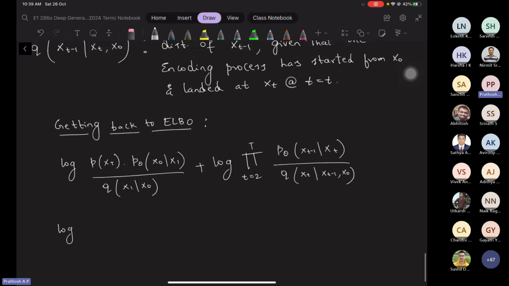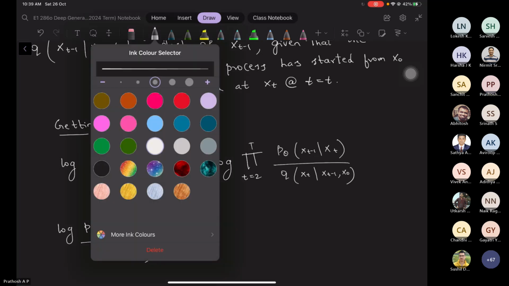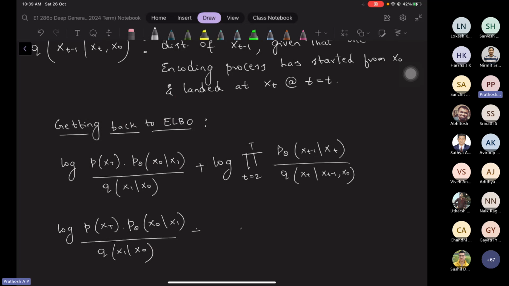Log of p of xt times p theta of x naught given x1 divided by q of x1 given x naught, plus log of the product from t equal to 2 to capital T of p theta of xt minus 1 given xt divided by, we will use that Bayes theorem that we had written.